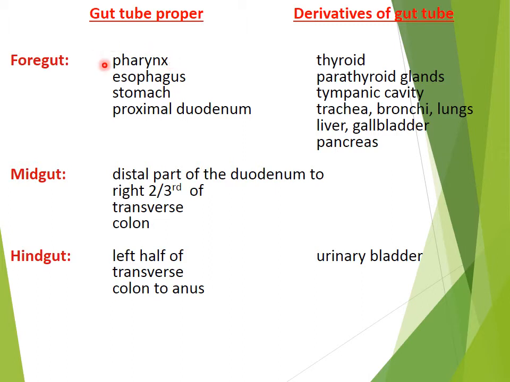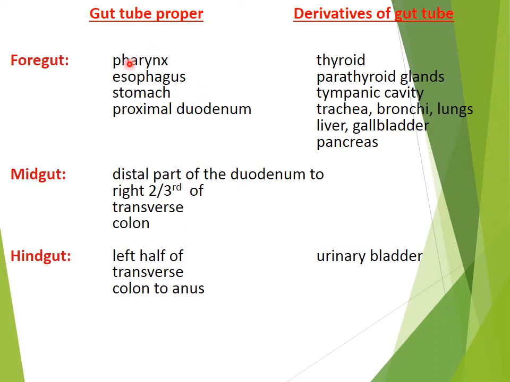Most of the pharynx is developed by the pharyngeal arches, and distal to it, from the respiratory diverticulum till the hepatic diverticulum, or the opening of the bile duct, indicates the area of foregut.